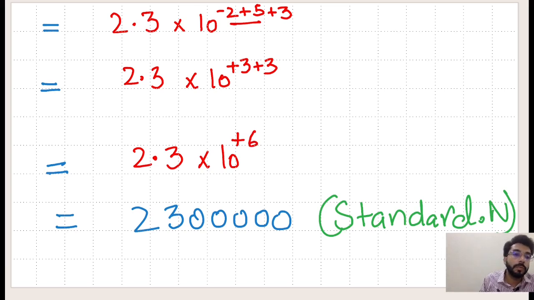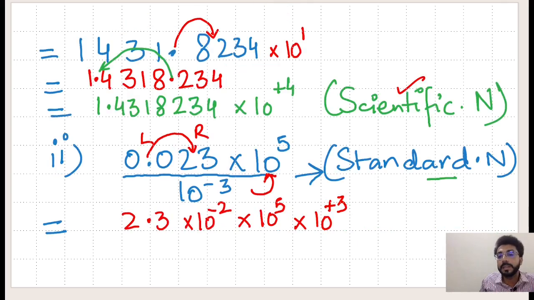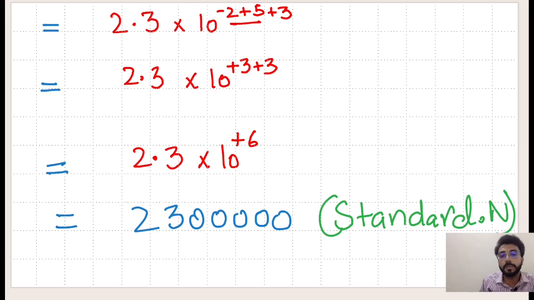But we have to write the answer in standard form. So write this in standard form. As the exponent is positive, we have to move this decimal point toward the right side 6 digits. From here 1, 2, 3, 4, 5, 6.